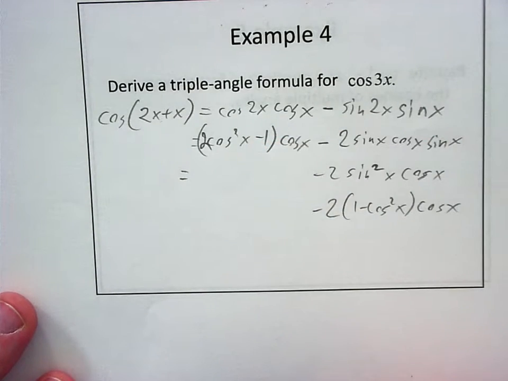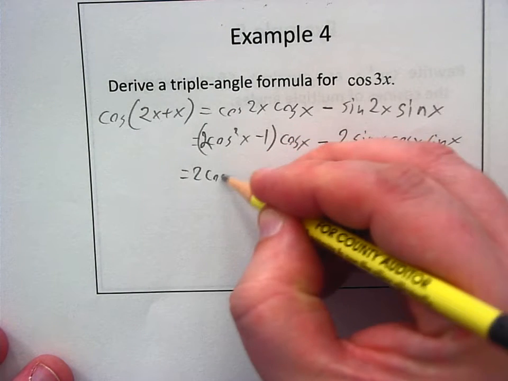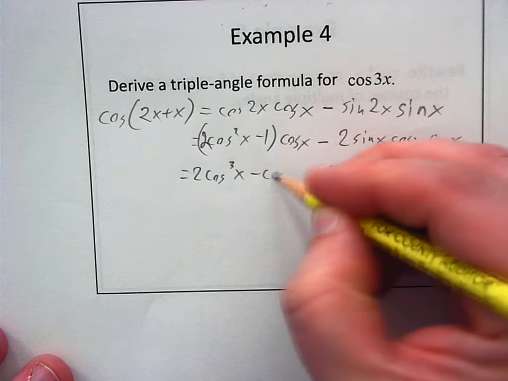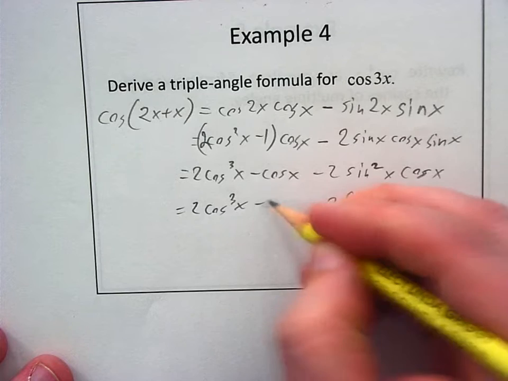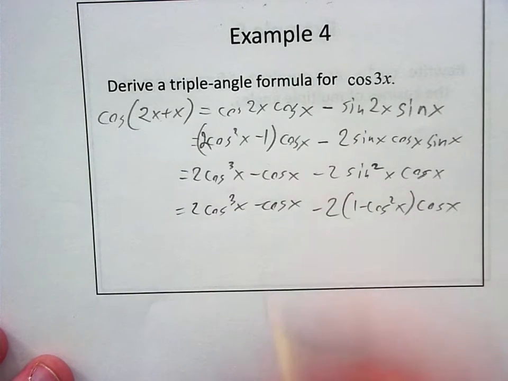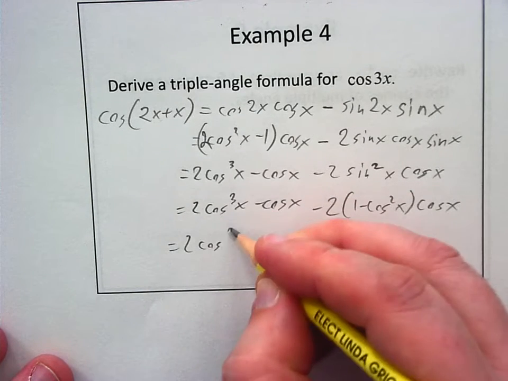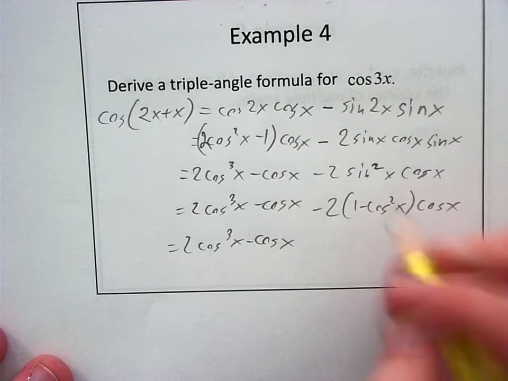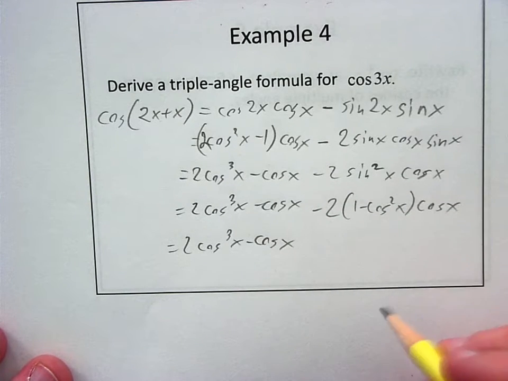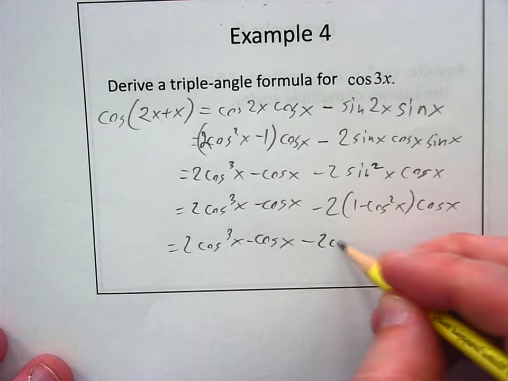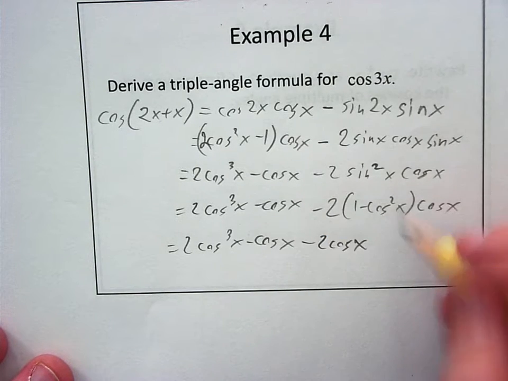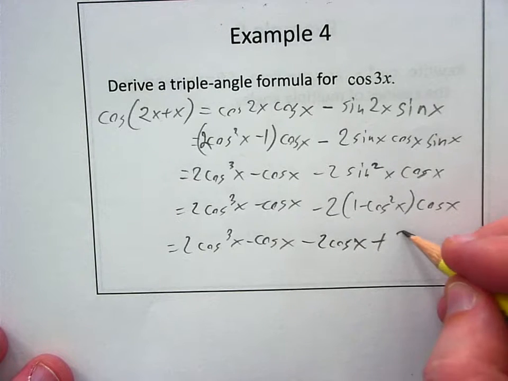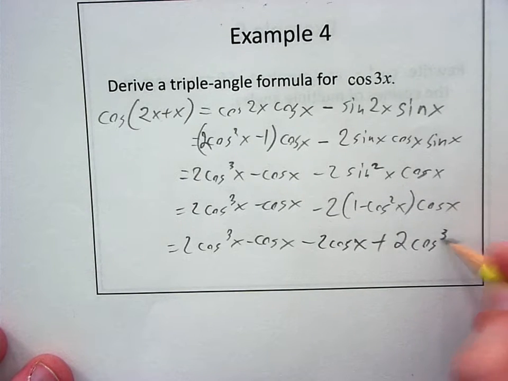What's that going to give me? 2 cosine cubed x minus cosine of x. Distribute this one. I'm going to distribute both the 2 and the cosine at the same time, giving me negative 2 cosine x. And then negative times the negative is going to be plus 2 cosine cubed x.